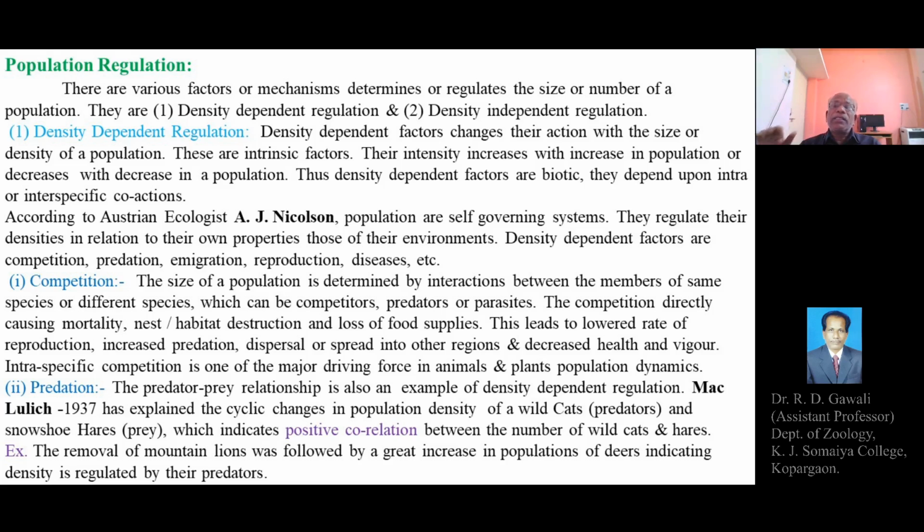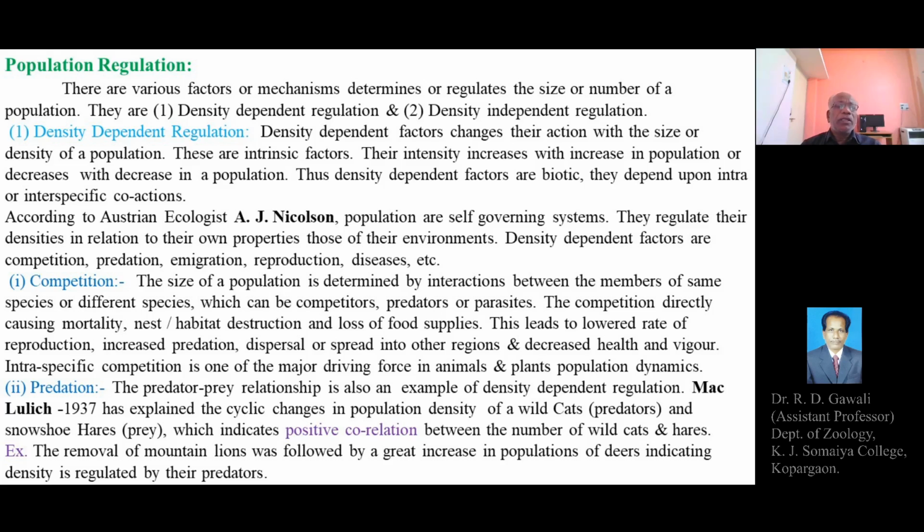And decreased health and vigor. Decreased health and vigor might be due to the shortage of food, that is malnutrition, and also diseases. Malnutrition and diseases will lead to decreased health and vigor among the members of the population.